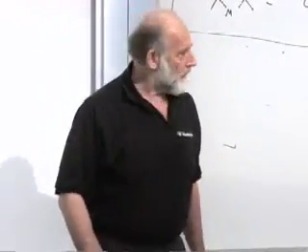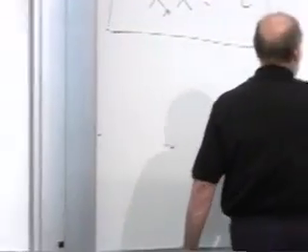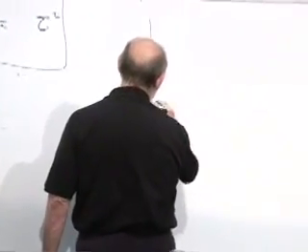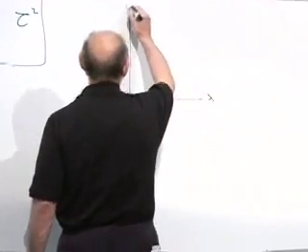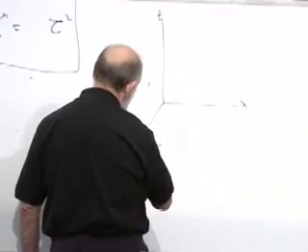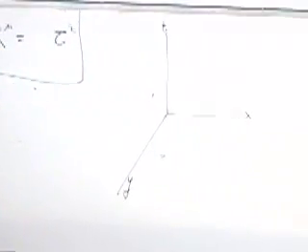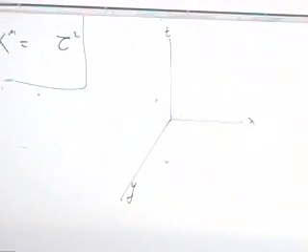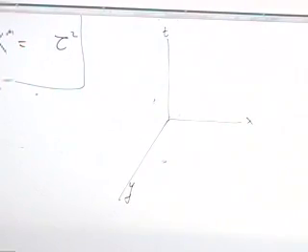But here's the point. Let's draw in one more axis. Here's x, here's t, and let's draw in y. Z is somewhere in the fourth dimension. We can't see it, but it's also there.